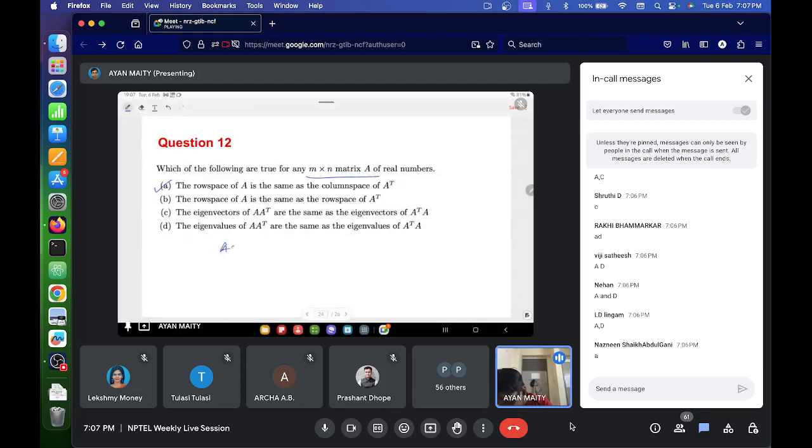So A transpose into X equals, let's consider B into X. Now if we multiply A transpose to both the sides and rearrange the terms a little bit, we get A transpose A, which is what we need, and A transpose X equals B A transpose X.